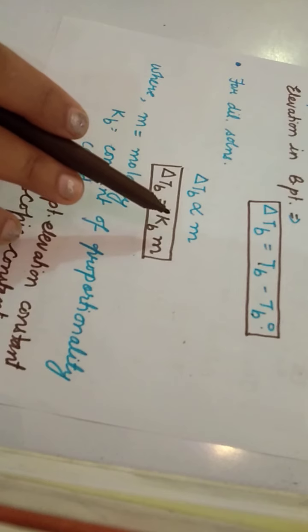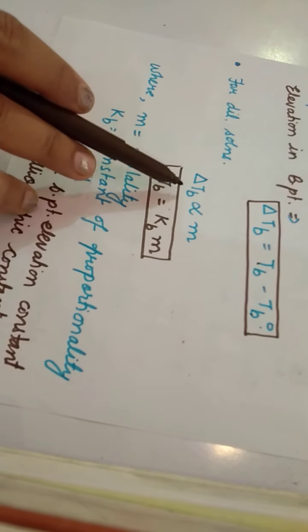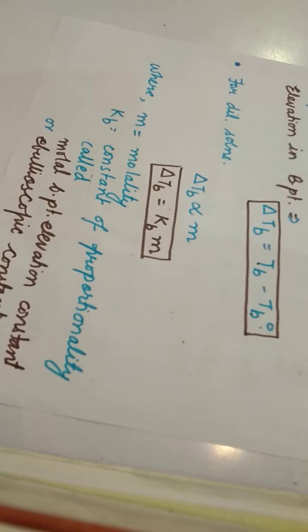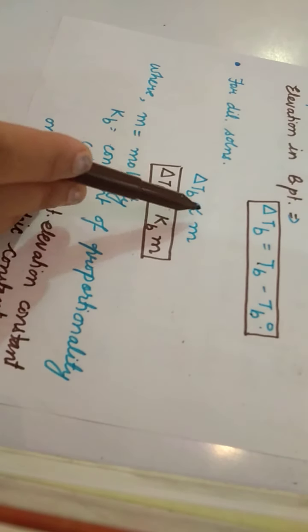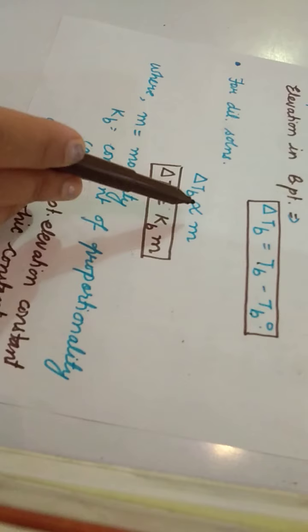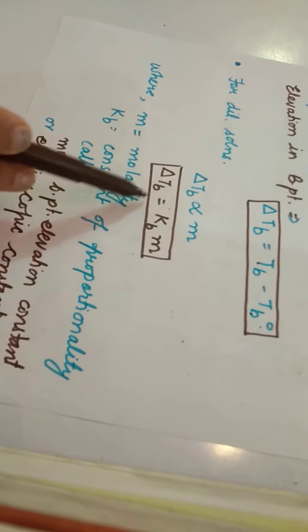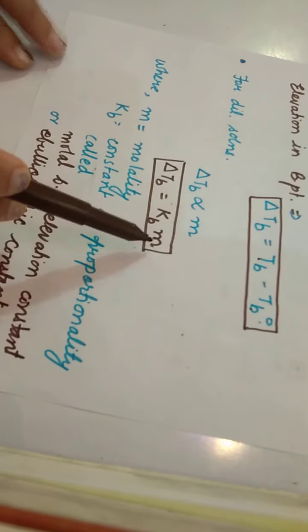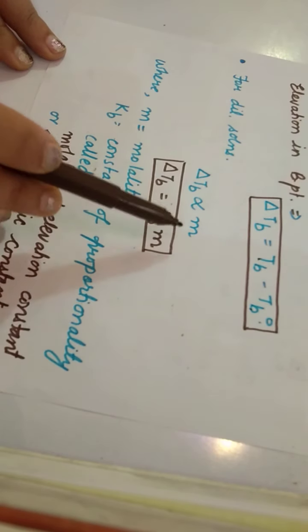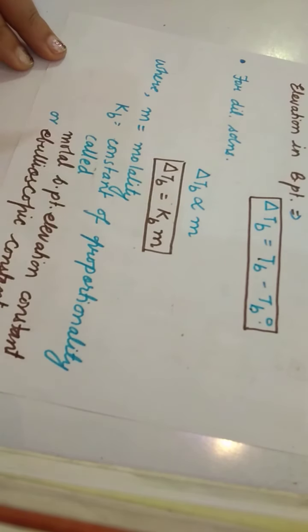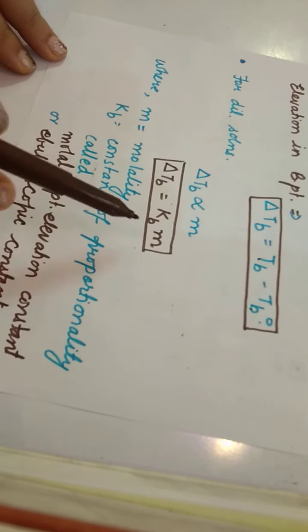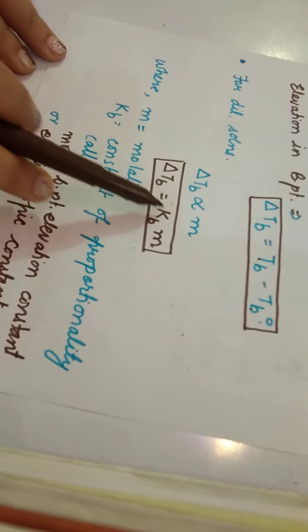That is, the elevation in boiling point is directly proportional to molality. On removing the sign of proportionality, we get a proportionality constant, that is Kb. Here m is the molality, delta Tb is the elevation in boiling point, and on removing the proportionality sign we got Kb.